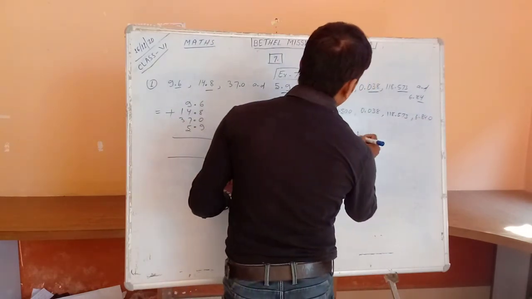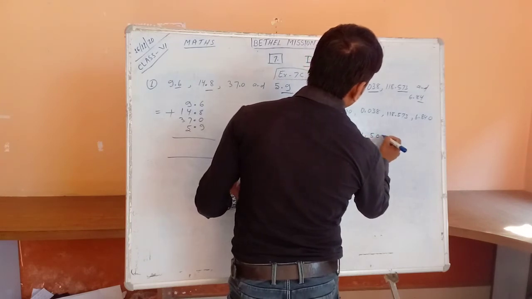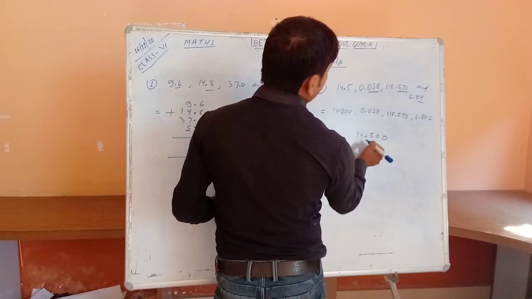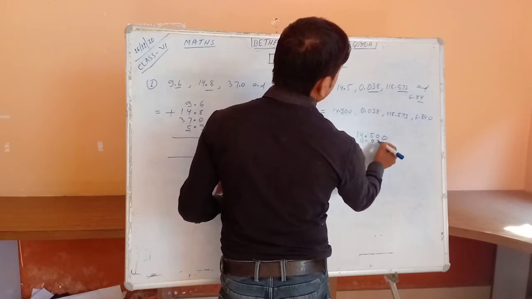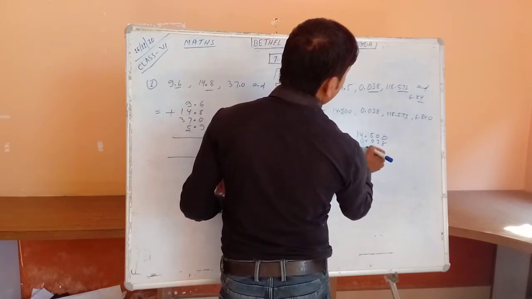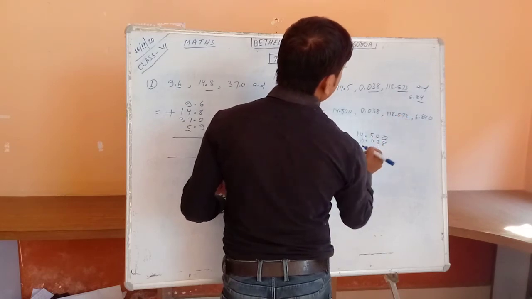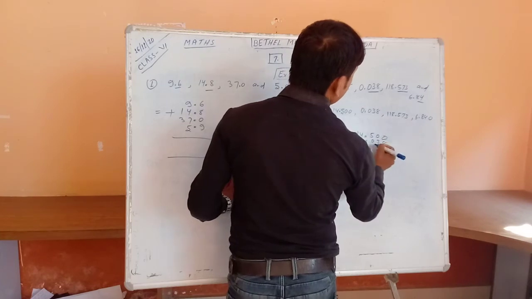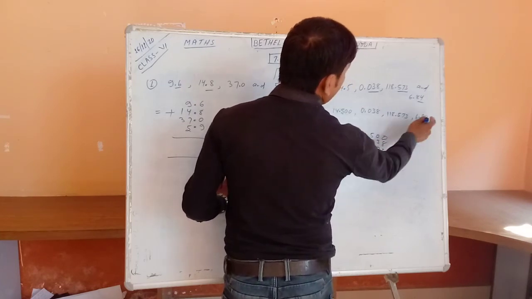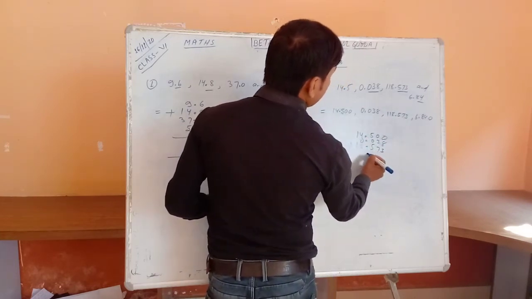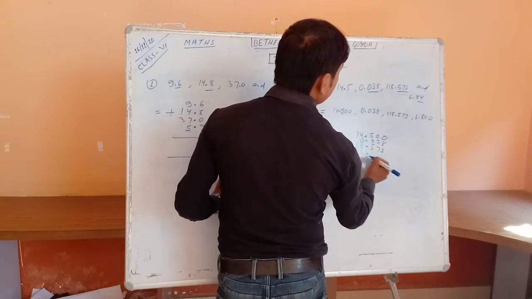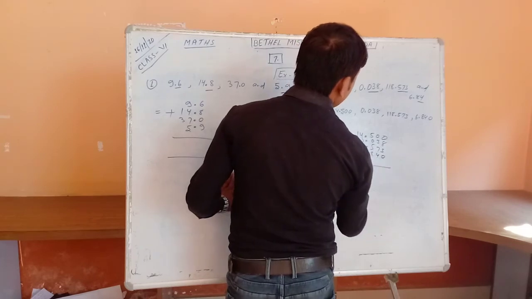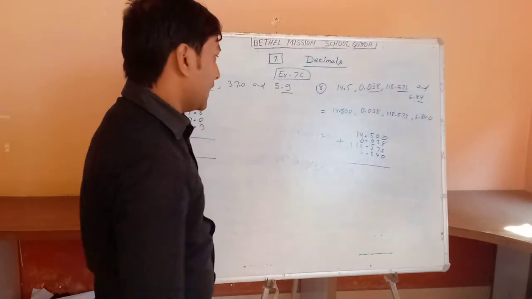Now you can write in column form. 14.500. First write the decimal in the same line and put 0, and then 038. Okay, first put the decimal, then 8 1 1 8, then 1 and 1, and after the decimal 573, and this is 6, and after the decimal 840.